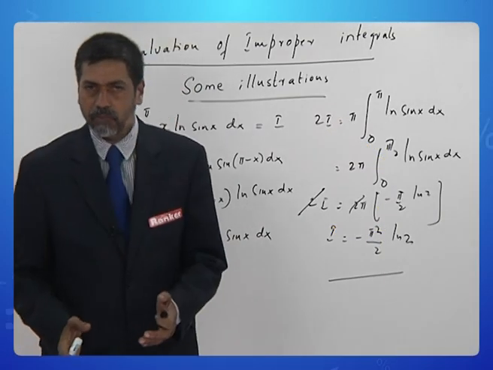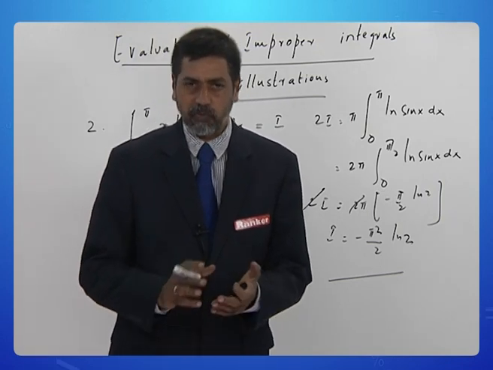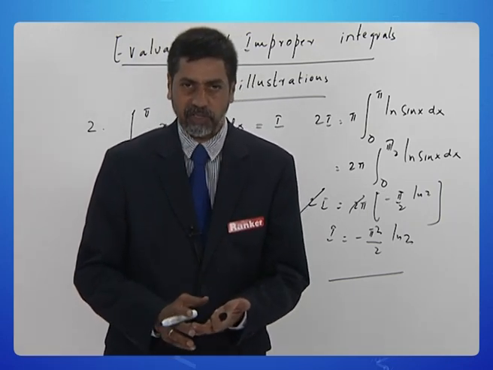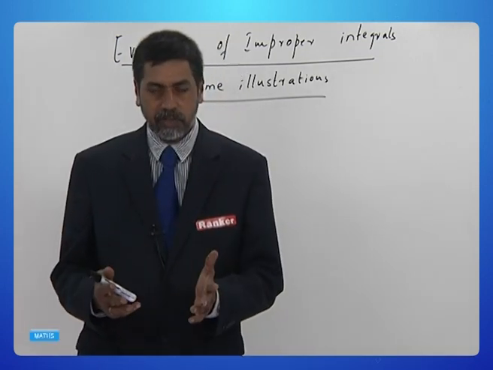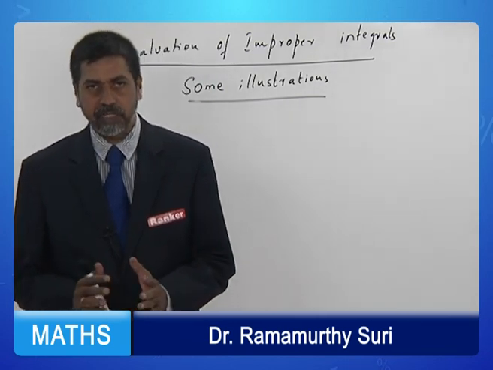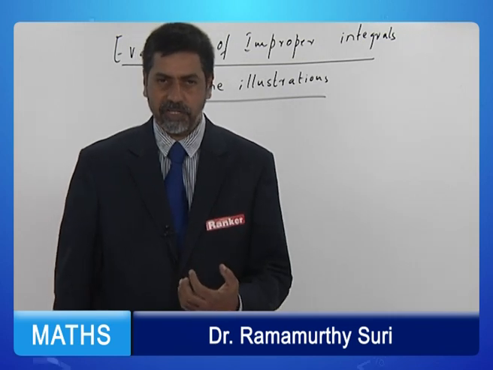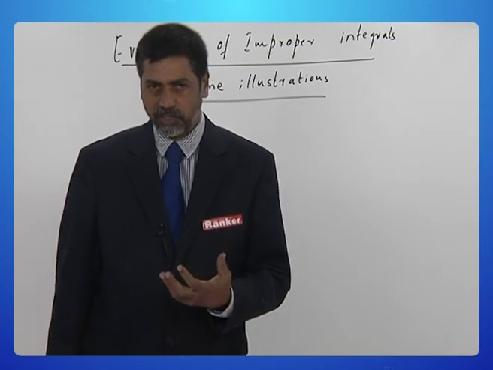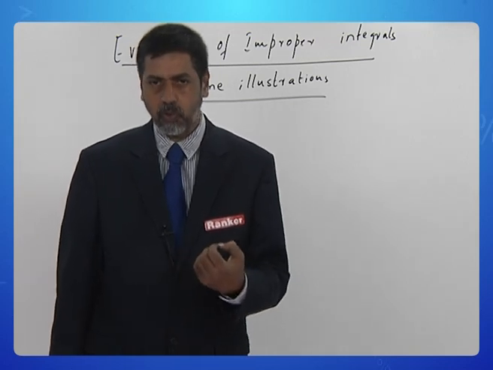So this is how, once again using elementary integration techniques, without the knowledge of gamma or beta functions, a few problems can be solved. Now the third example that I am taking up is a problem that is generally considered very hard to solve under normal integration techniques. Now this particular function can be done by a couple of methods, of which I am going to take up one of them.